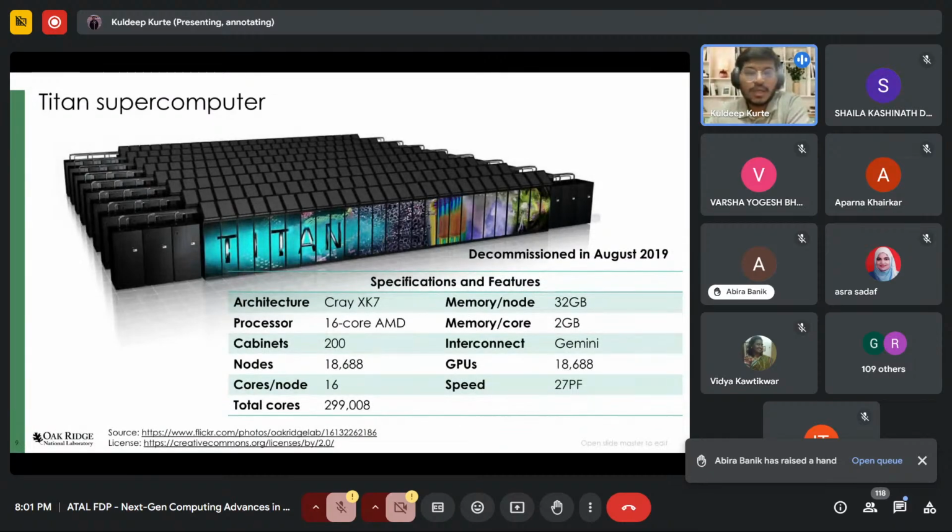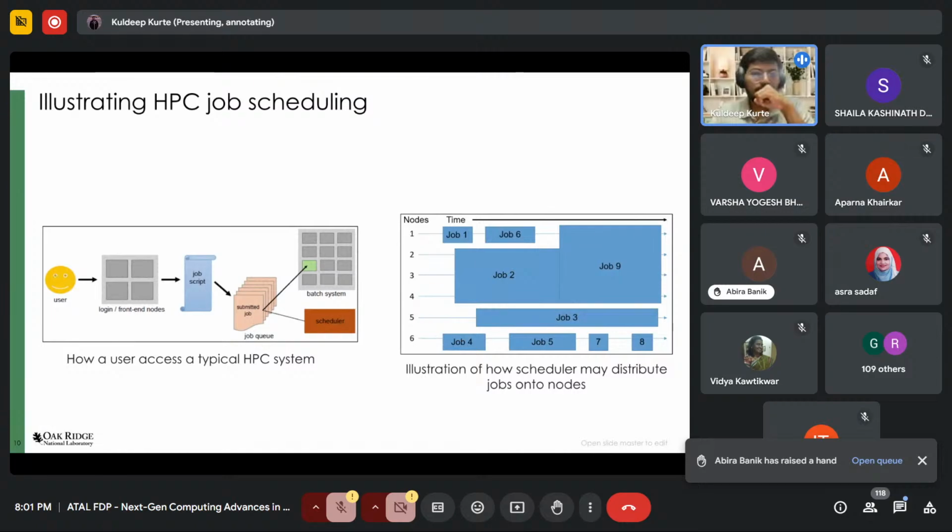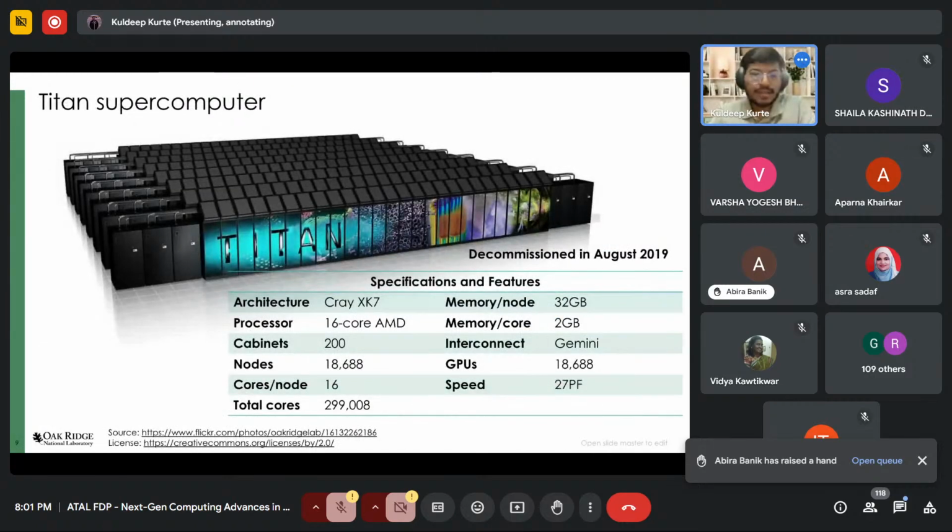Now, this compute resource is broadly divided into three parts, which I will describe here. But I think this slide will give you the idea of how an HPC supercomputing system looks.